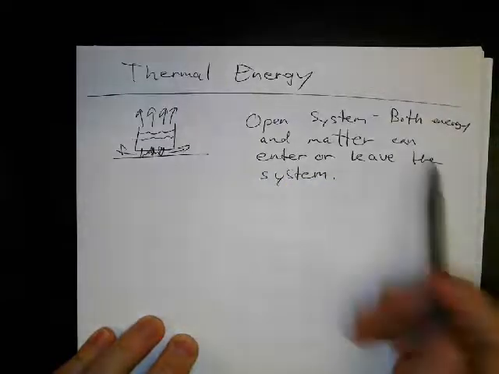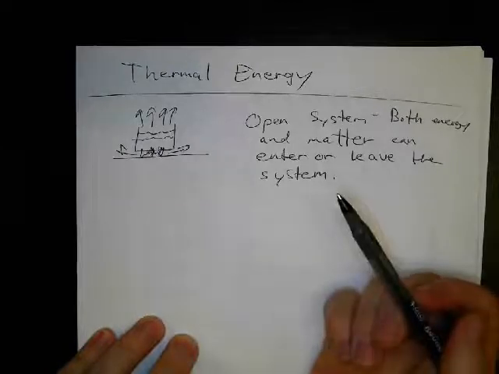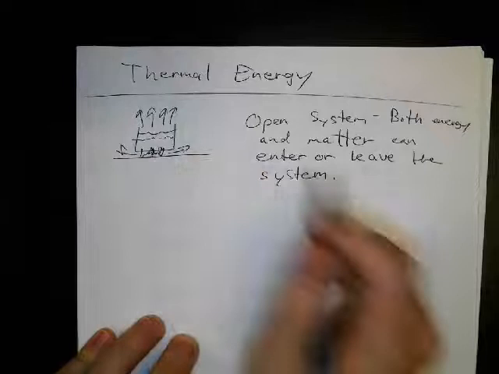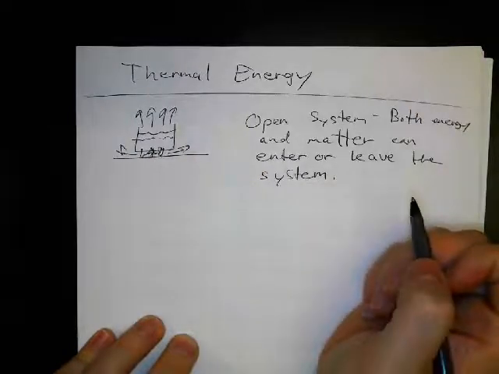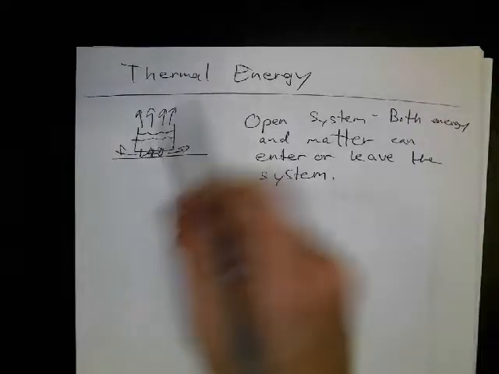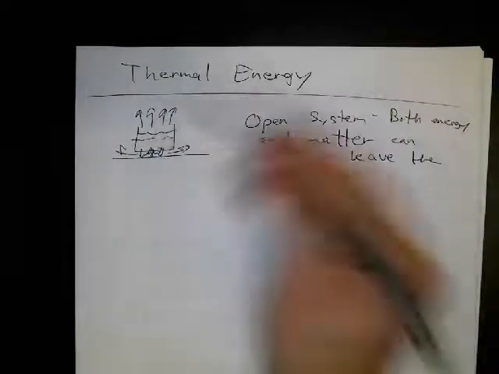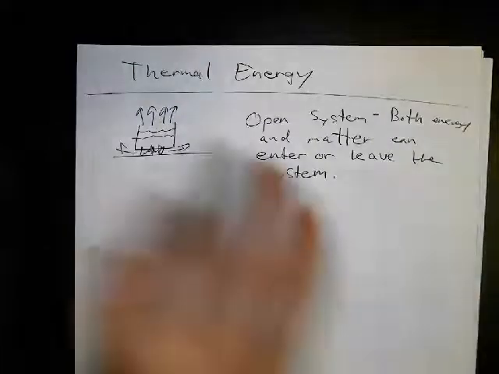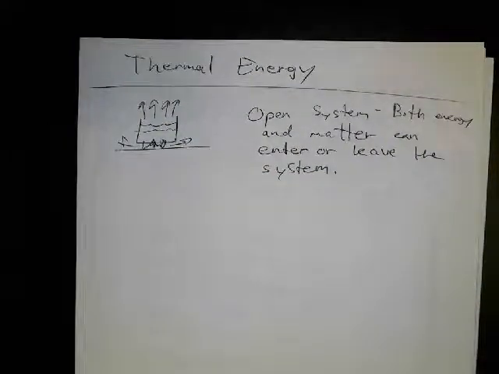So the system is the thing I'm studying, in this case the pot. Energy, like heat, can flow in. It can also flow out. We can see that both of those things are happening here. And matter can flow into or out. I can put things in. Water can evaporate. I can pull things out with a spoon or something. So this is called an open system.